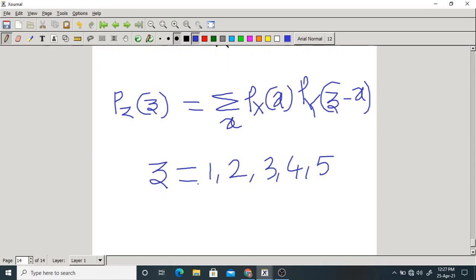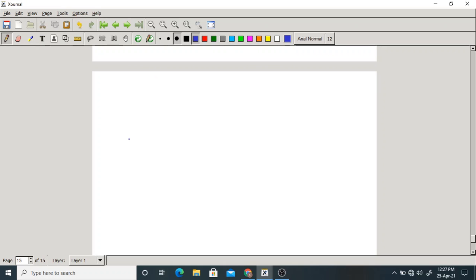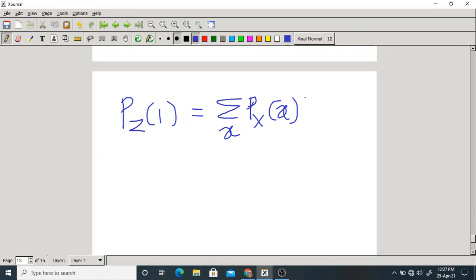Now, let me keep Z equal to 1. P_Z(1), what will happen? Summation over x of P_X(x) into P_Y(1 minus x).